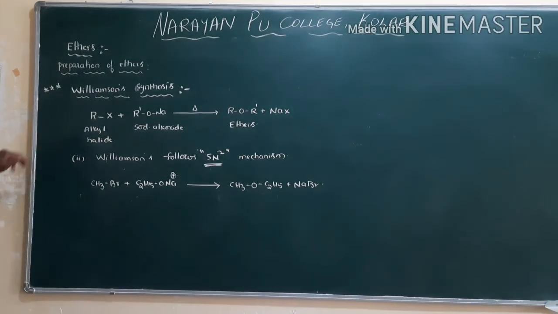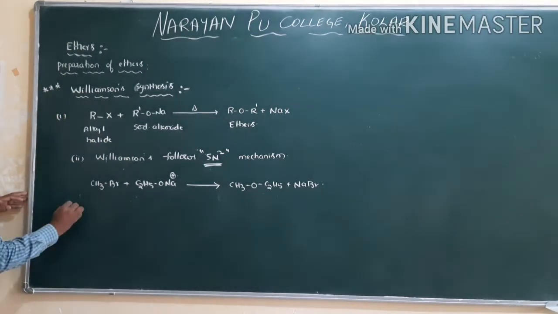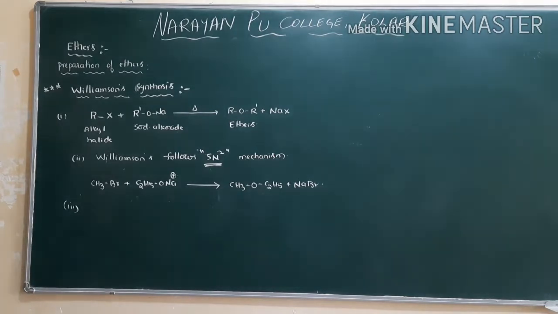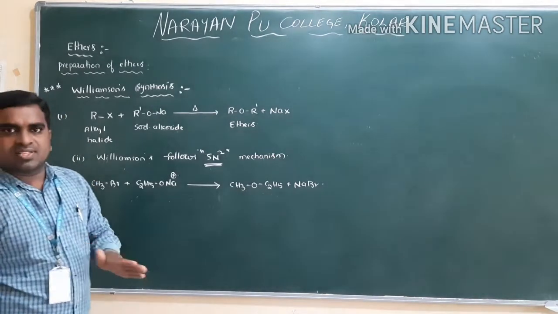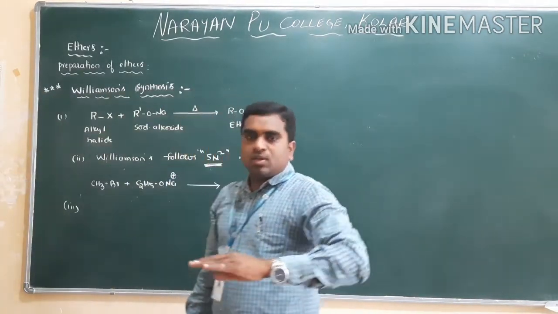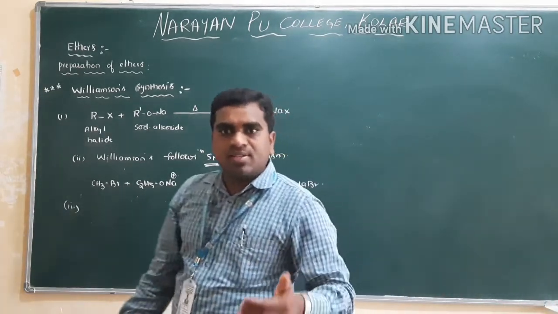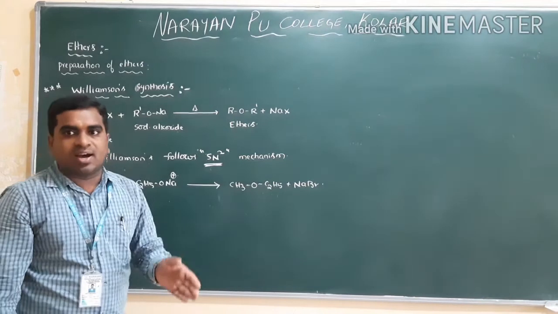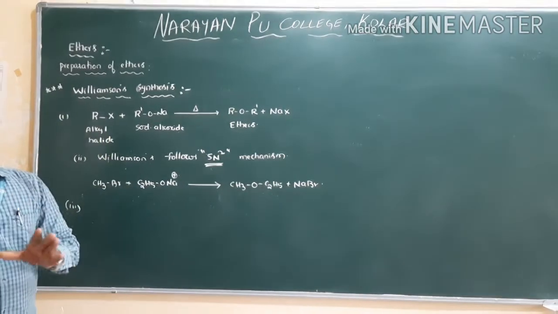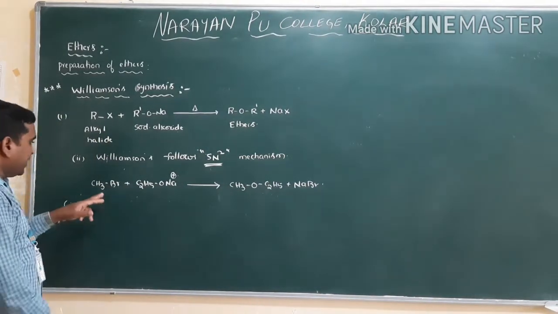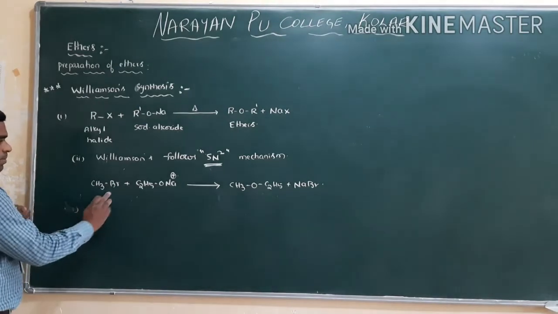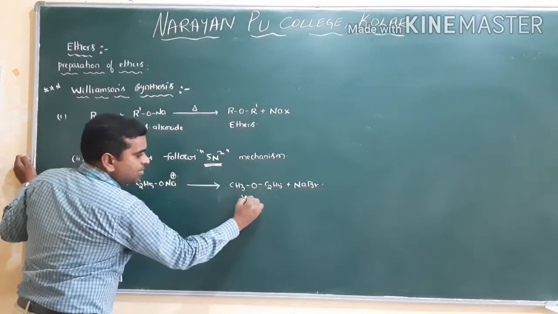Also, this is the third point I can say. By using Williamson synthesis, we can prepare all types of ethers, meaning we can prepare symmetrical ethers and also unsymmetrical ethers. Clear? I have taken here CH3Br and another one, and you see, it is an unsymmetrical ether.